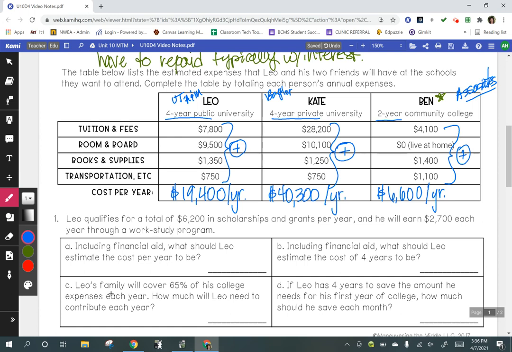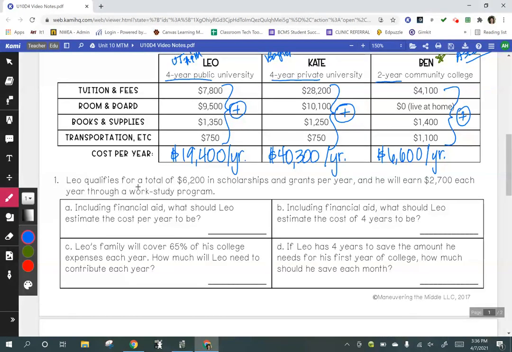That's only going to get you through the first 2 years, but that could save you a lot if you're talking about the first 2 years at a public school compared to a community college and then transferring over. It's just something to keep in mind. All right. So let's look at Leo specifically. Leo qualifies for a total of $6,200 in scholarships.